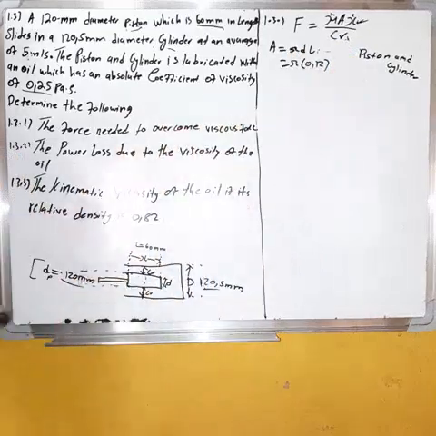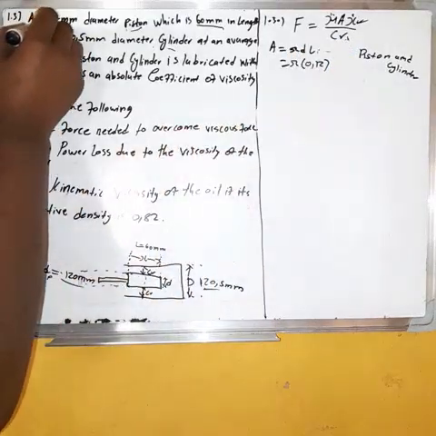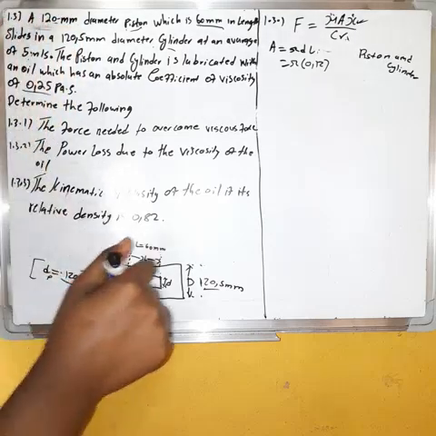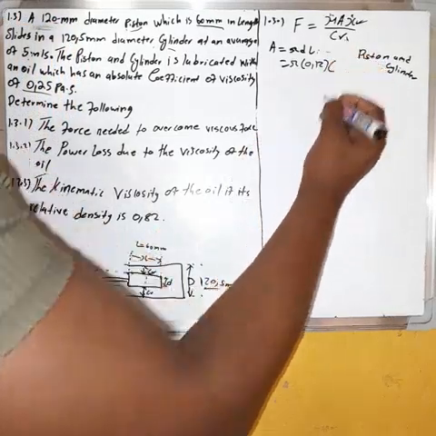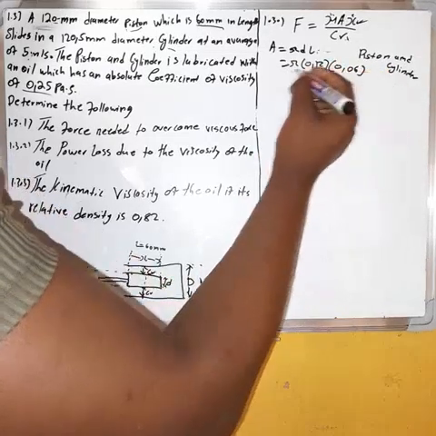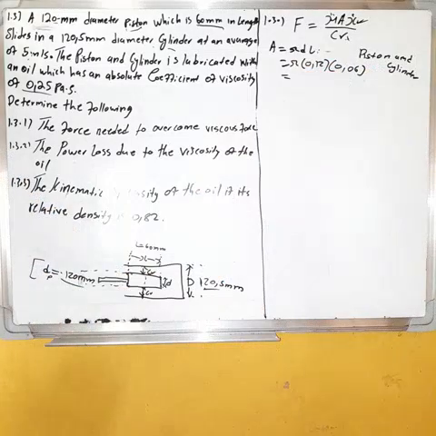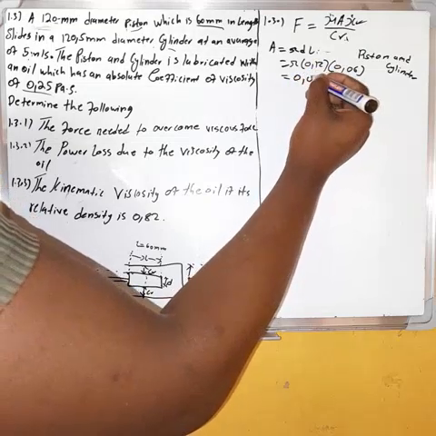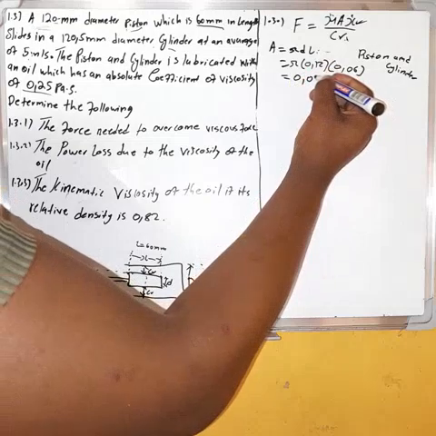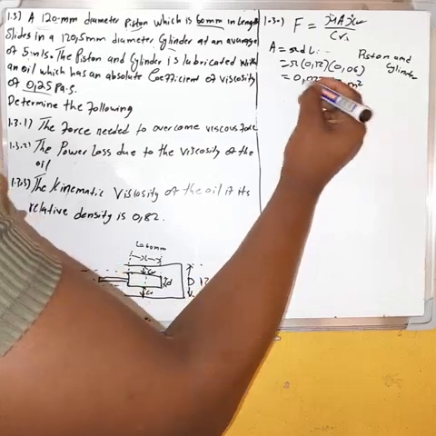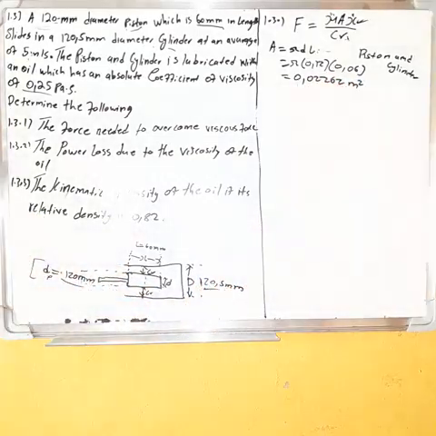Then the length is 60, you divide 60 by 1000, it will be 0.06. Now the area, if you punch your calculator, you're supposed to get 0.02262 meters squared. Hope you understand that.